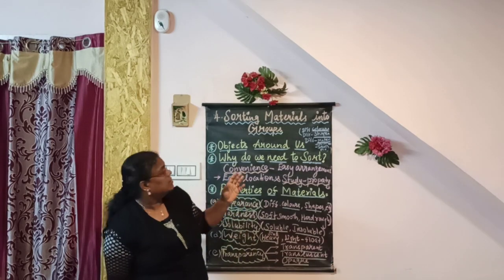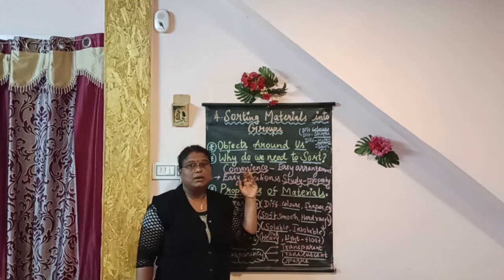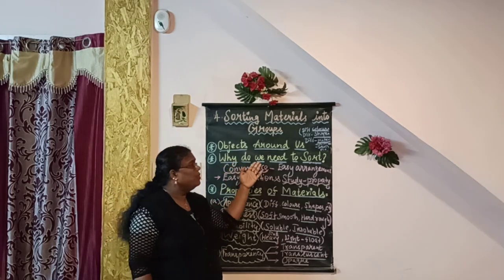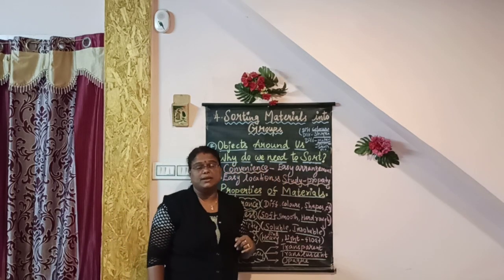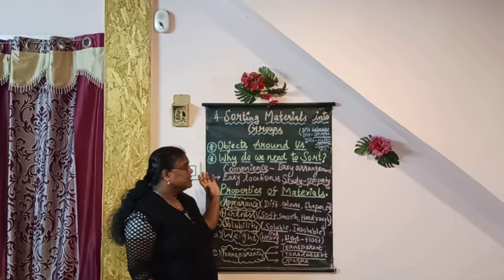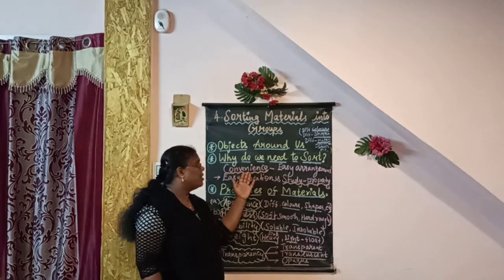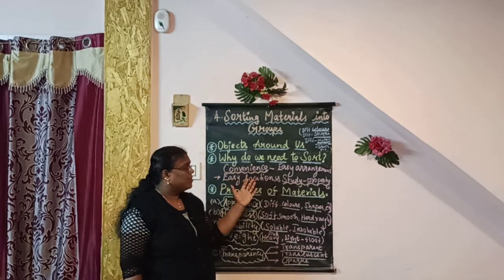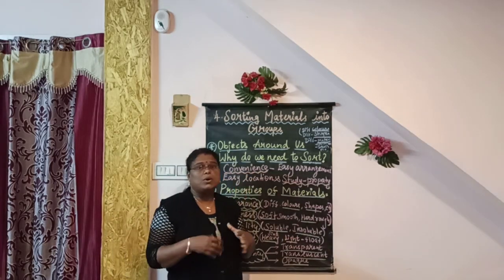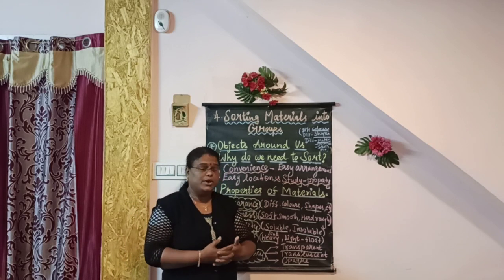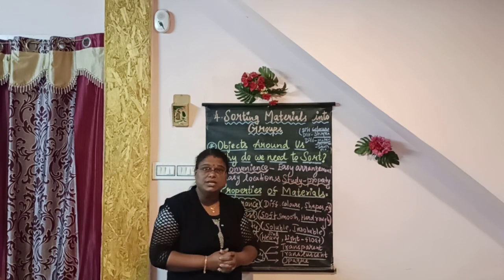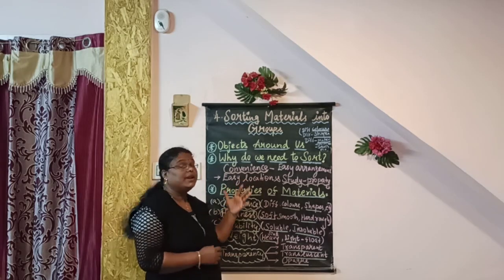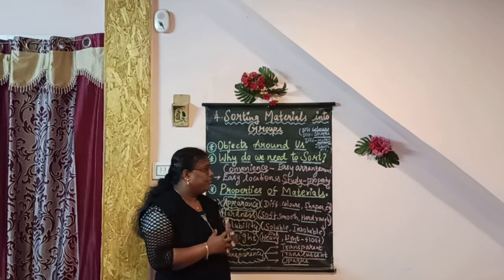And the second topic we are going to see is why do we need to sort materials into groups. Simple answer is for our convenience. For our convenience, we are arranging things for easy location.